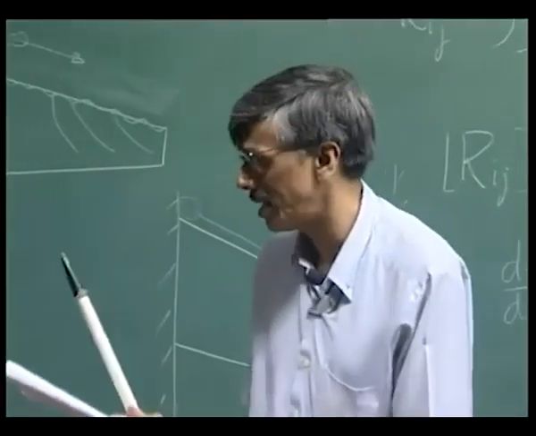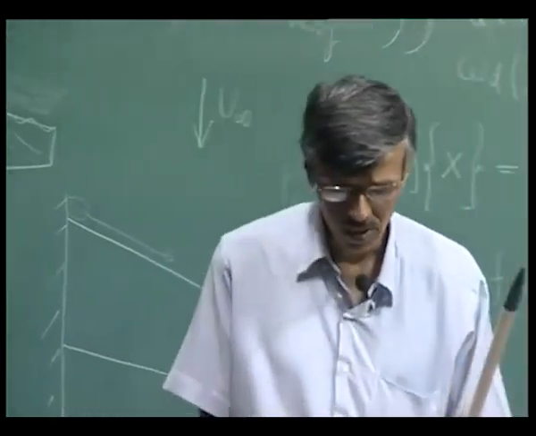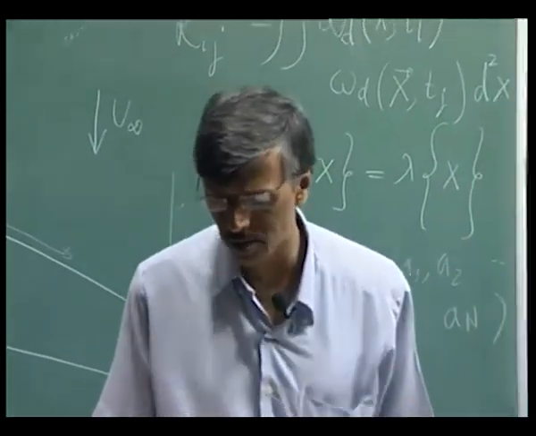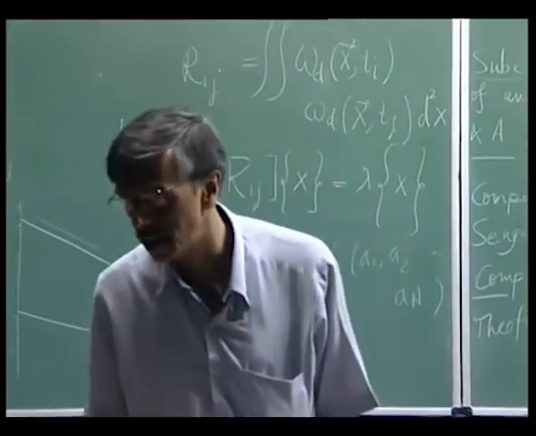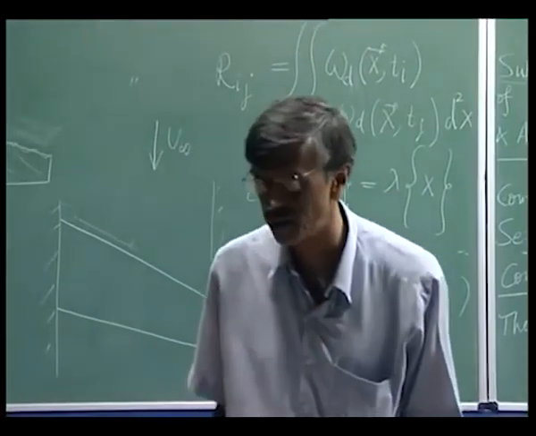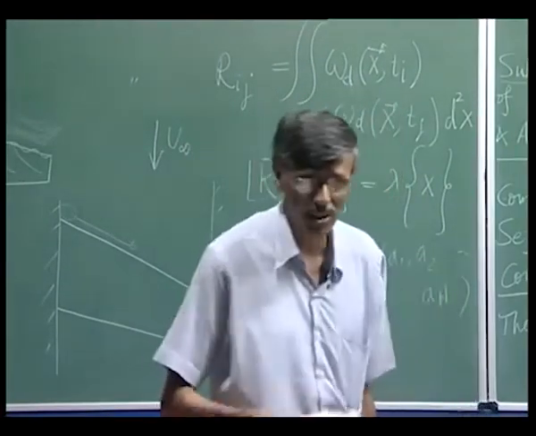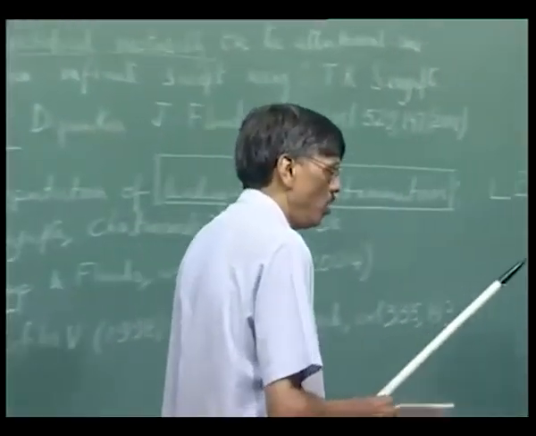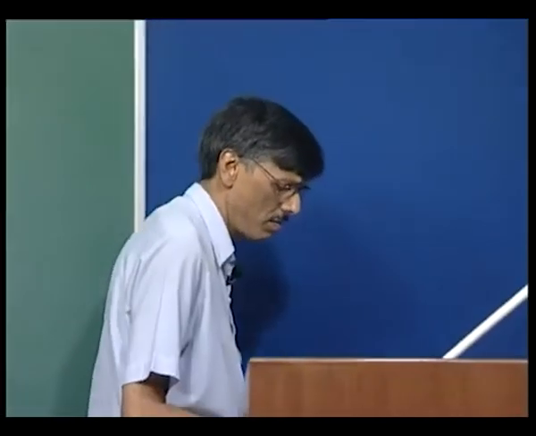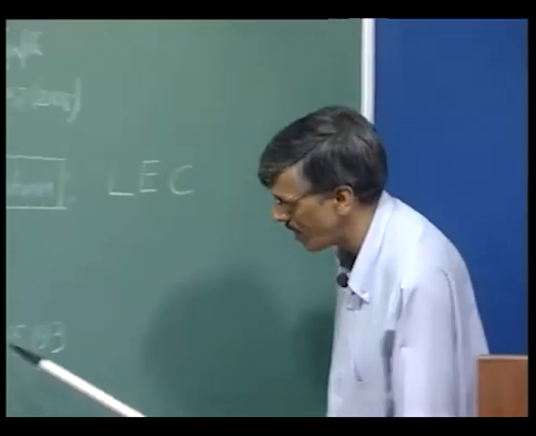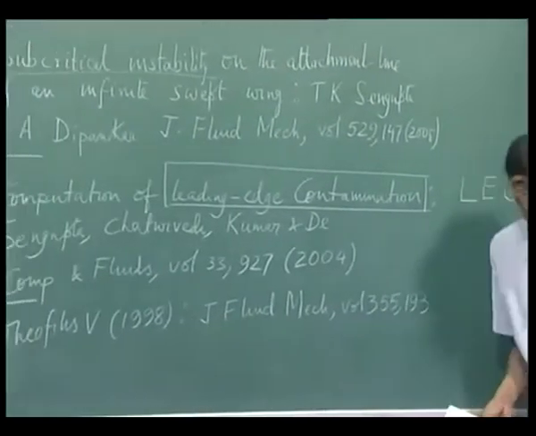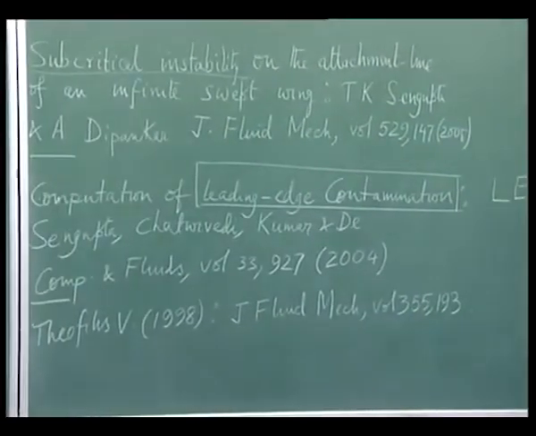So he made this claim that the two-dimensional model equations considered do not deliver subcritical instability of this flow. He was trying to write out evolution equations for 2D and 3D disturbance fields, and this was in this paper in JFM in 1998. He did that.